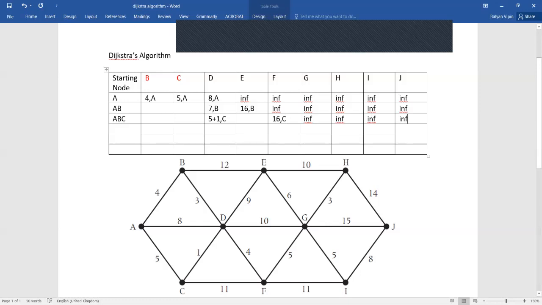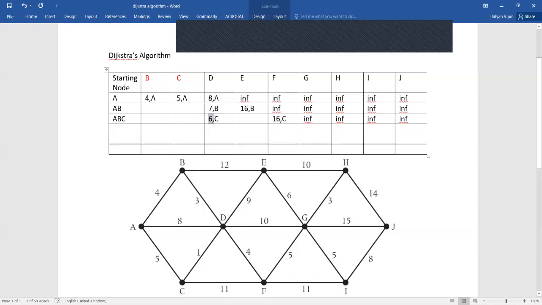Now, if you see what this number is, this is 6. We already used C and B. Now we will see the cost to reach D from A is 6. So it's not 8, 7, it's 6 now. This is the updated place. So now the nodes which are not used by us to discover the root are D, E, F, and the remaining are infinite.